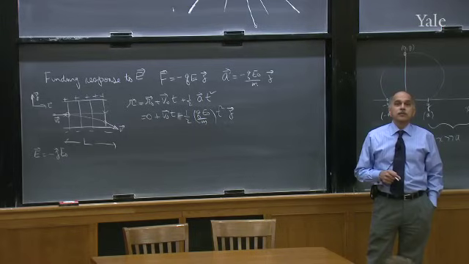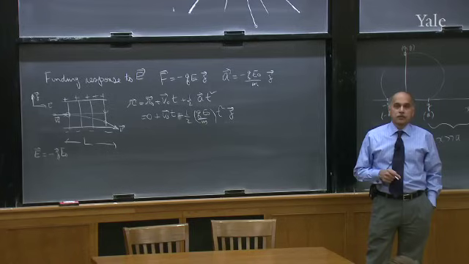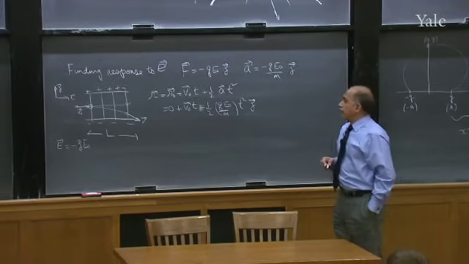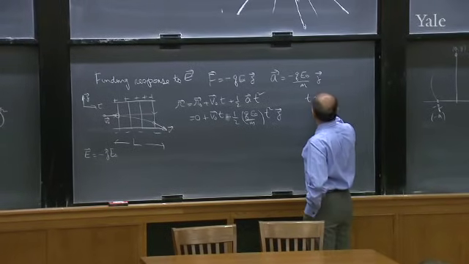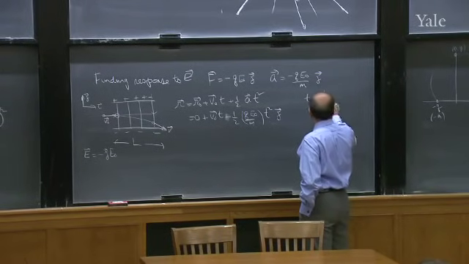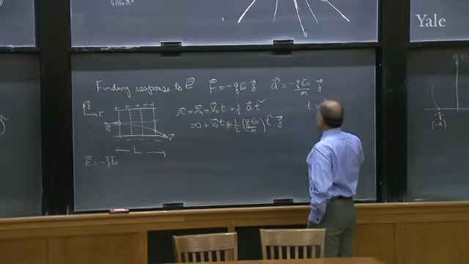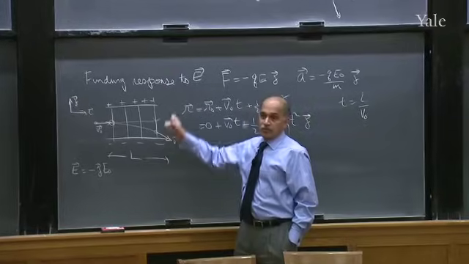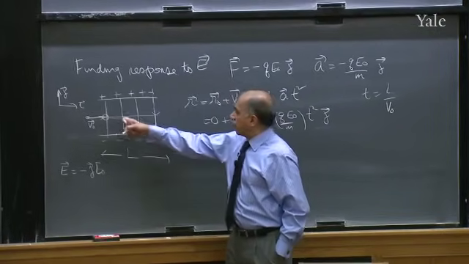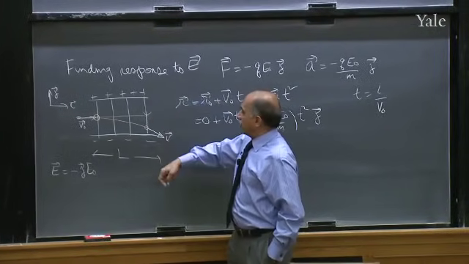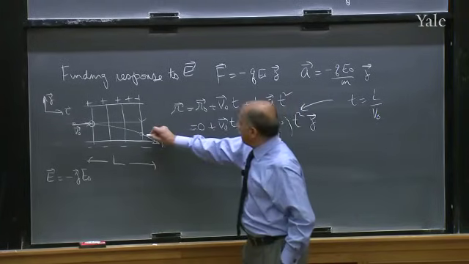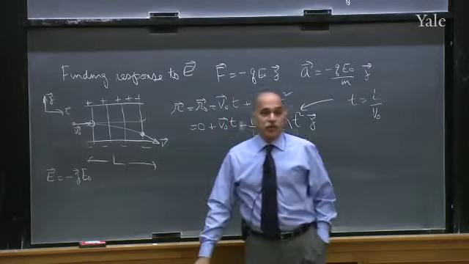Yep. The length of the plate divided by the initial velocity. Which velocity should we take? The initial horizontal velocity. That's correct, because t will be L over v naught, where v naught is the magnitude of the initial velocity, because the x velocity is never changing. Acceleration is in the y direction. So the time it takes to cross will be independent of the fact it's falling in the y direction. So if you put t equal to all of this, you will find out where it will end up.